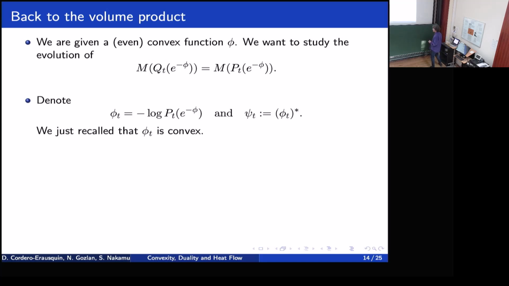Remember, so here maybe I should keep it. So if you want, this is the definition of phi_t. So we know now by this result that it's convex. And let me call psi_t the Legendre transform. I will try to be consistent with my notation.